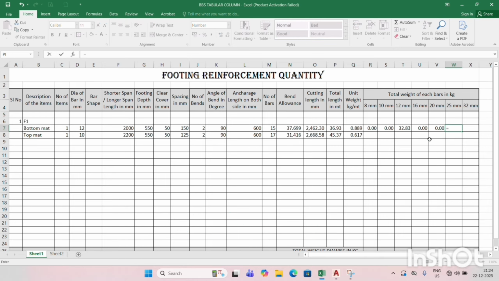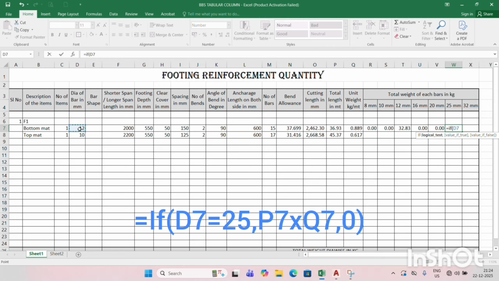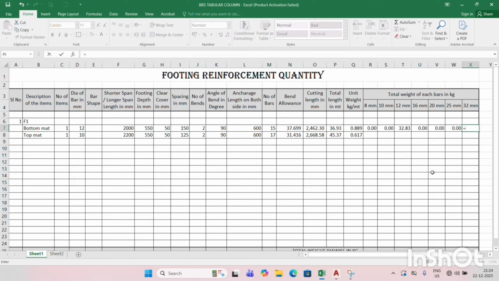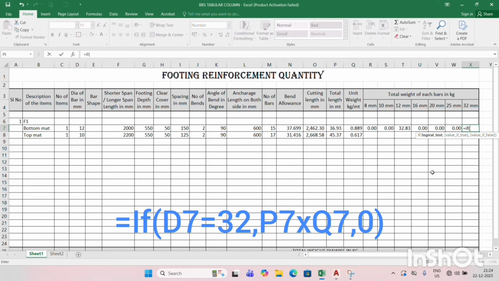And this cell: if this dia is equal to 25 mm, comma, multiplied by total length into density, or else 0. And this cell: IF open bracket, this dia is equal to 32 mm, multiplied by this total length into density, comma, else 0.